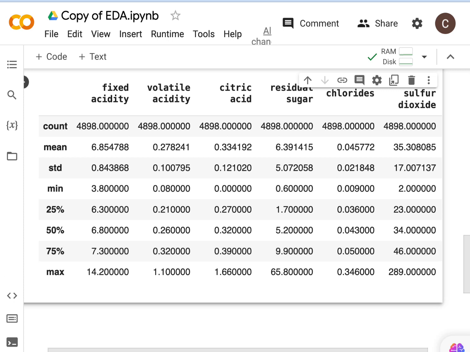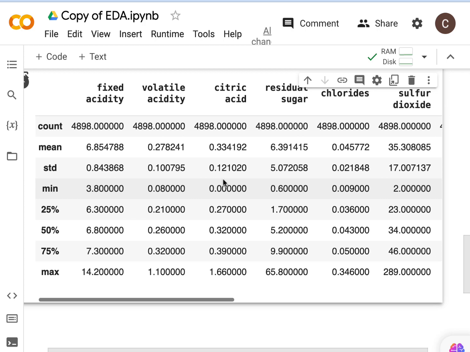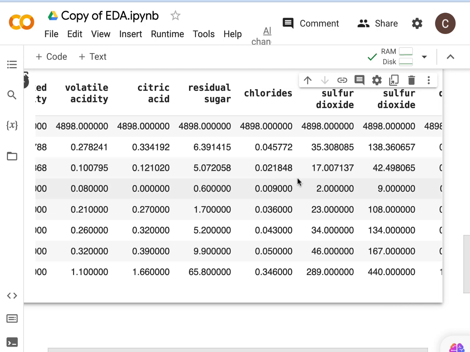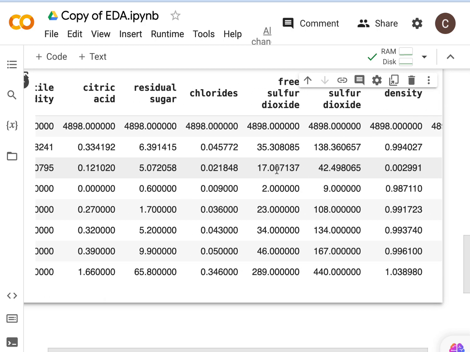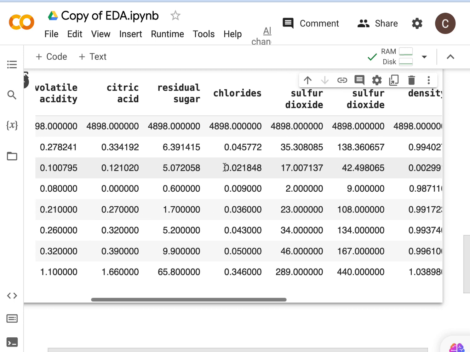Okay, and then you want to know which has the greatest variability, and for that we're going to take a look at the mean and the standard deviation. What we're looking to see is in which case the standard deviation, which is a measure of the distance from the mean on average of the values, is biggest in comparison to the mean. If we scroll across here, for example, for sulfur dioxide the standard deviation is half as large as the mean, and that's almost true for the chlorides.